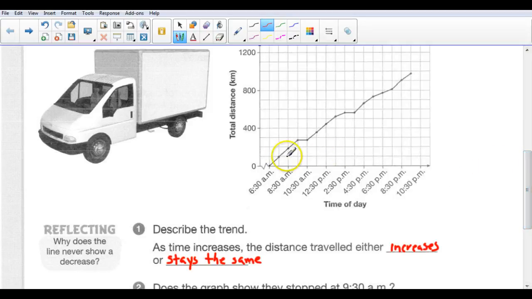So let's go to 9:30 a.m. There's 6:30, 7:30, 8:30, 9:30. From 9:30 to 10:30, you can see that they traveled no distance. The distance stayed the same. So that means they probably stopped, maybe for gas, or for lunch, or for breakfast, for that 1 hour.